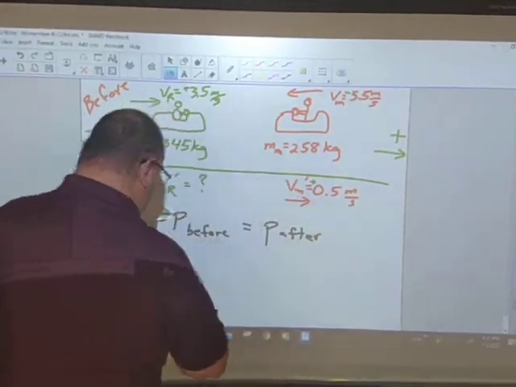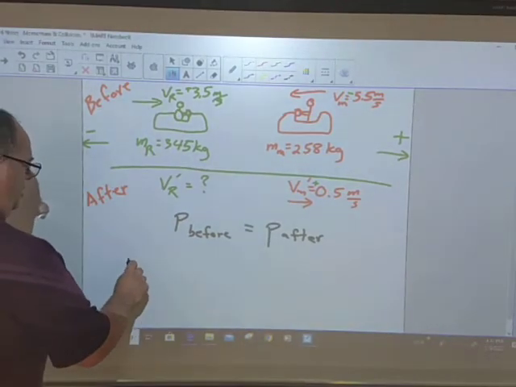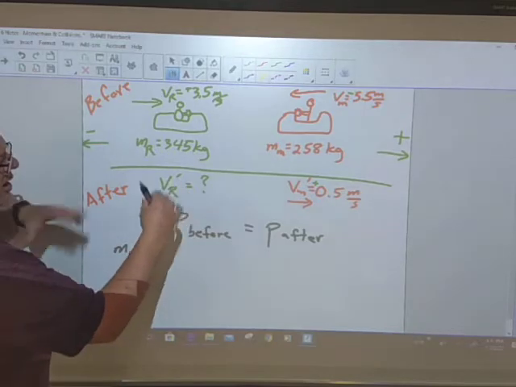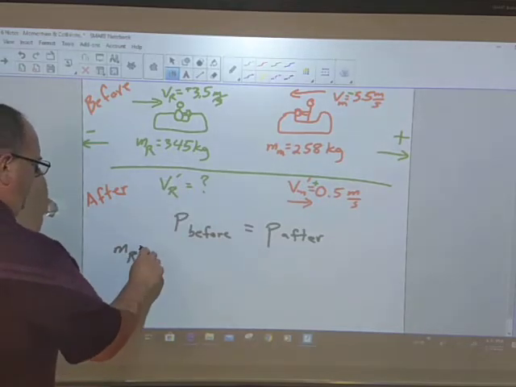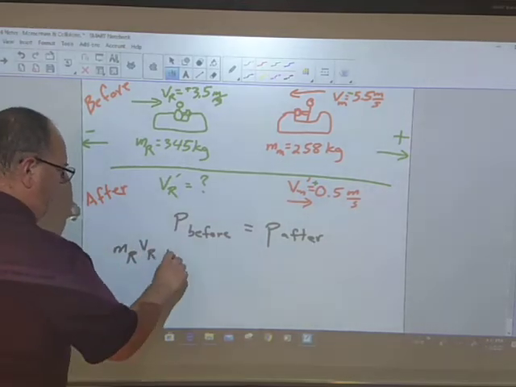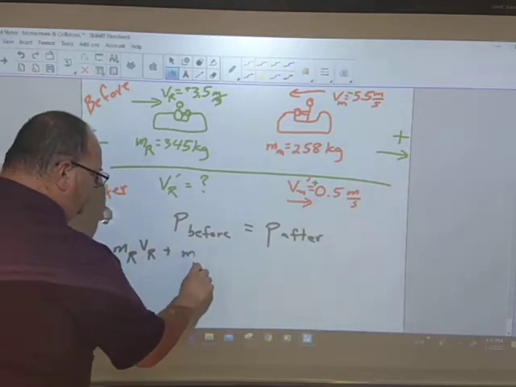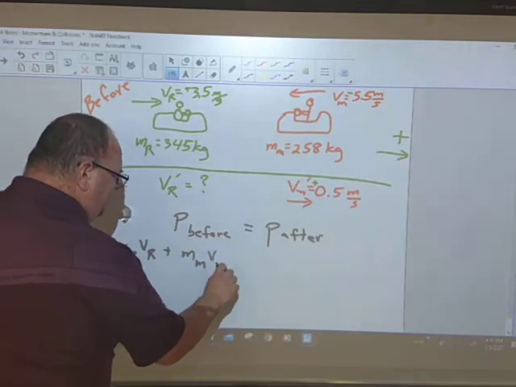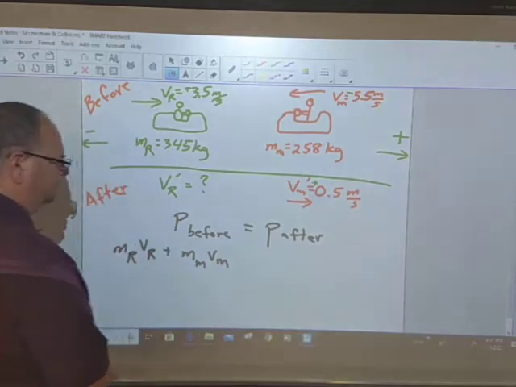Here's Mary's car. Okay. So before the collision, I'm going to take the mass of Rupp's car, not just Rupp, and times the velocity of Rupp. That's my momentum. And I'm going to take the mass of Mary's car times the velocity of Mary's car.